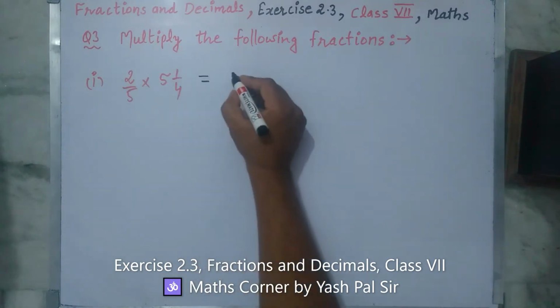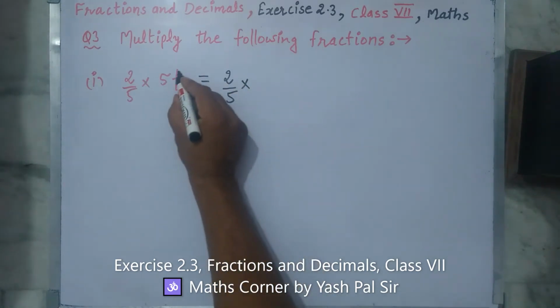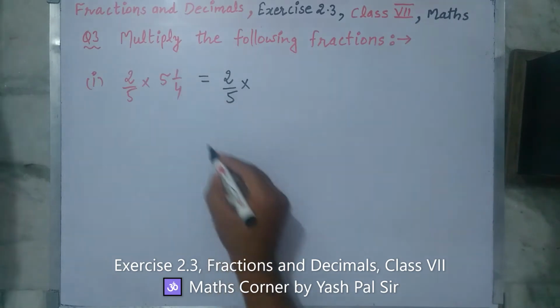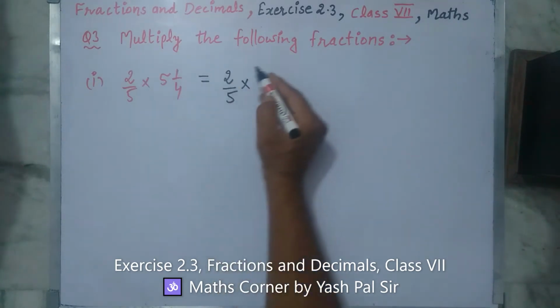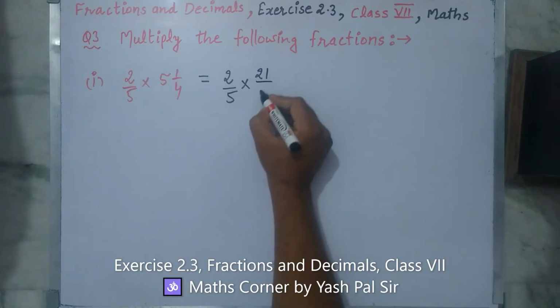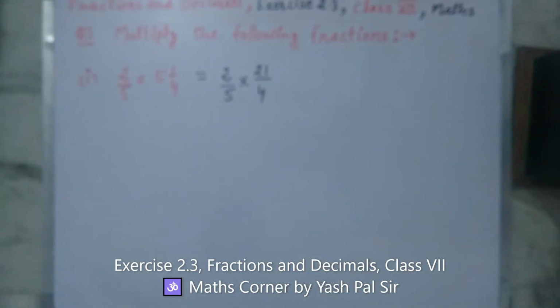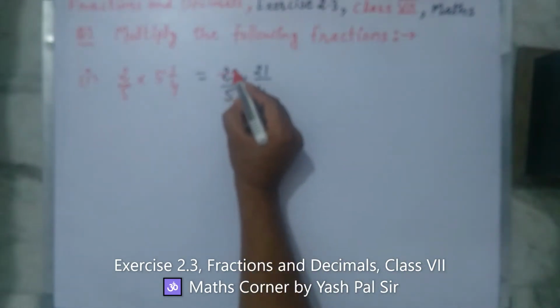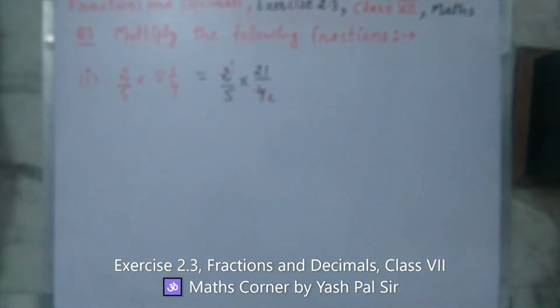So how can we write this? 2 by 5 into this mixed fraction, which is converted now into an improper fraction. 5 into 4, 20, 20 plus 1, 21 upon 4. Now first of all, because 2 is here, 2 ones are 2, 2 twos are 4.